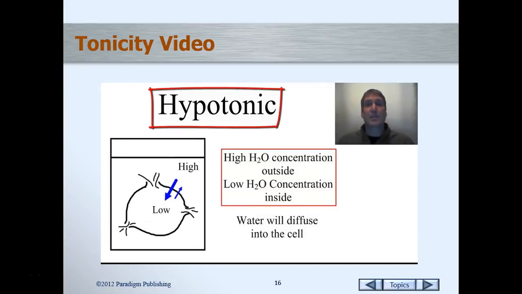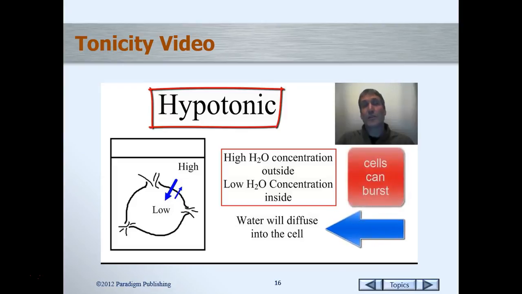The second type of solution is a hypotonic solution. The reason I said hypotonic is because there's a higher concentration of water outside the cell than inside the cell. More water is being bumped into the cell than is being bumped out of the cell, so water will diffuse into the cell, causing it to blow up.